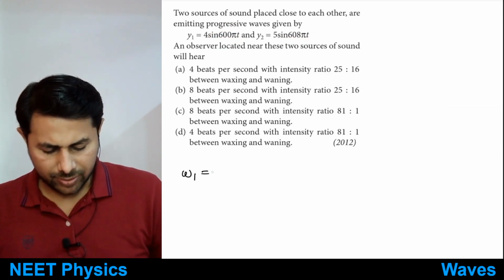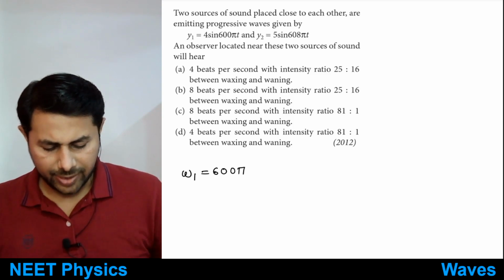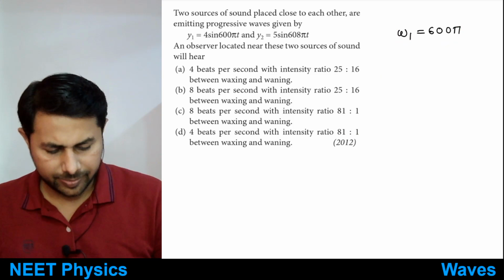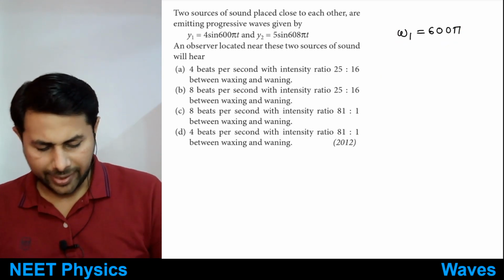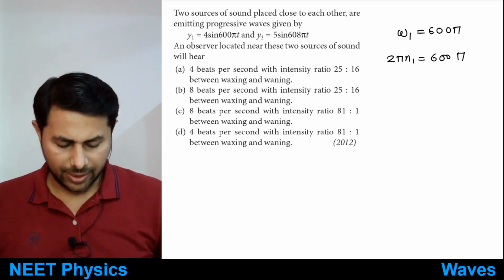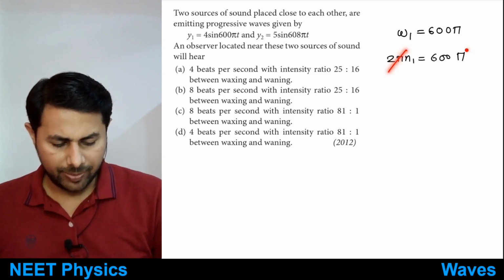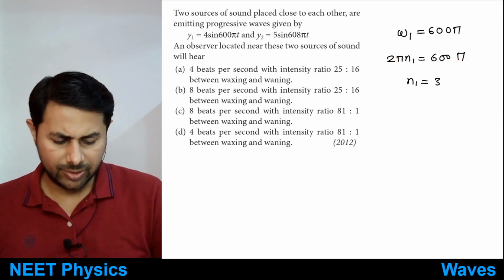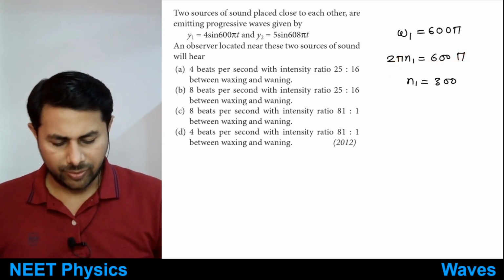So you have omega 1 is equal to 600 pi, that is 2 pi n1 is equal to 600 pi, right? So this pi gets cancelled, 600 divided by 2 means 300. So n1 is equal to 300. Similarly, what would be n2?